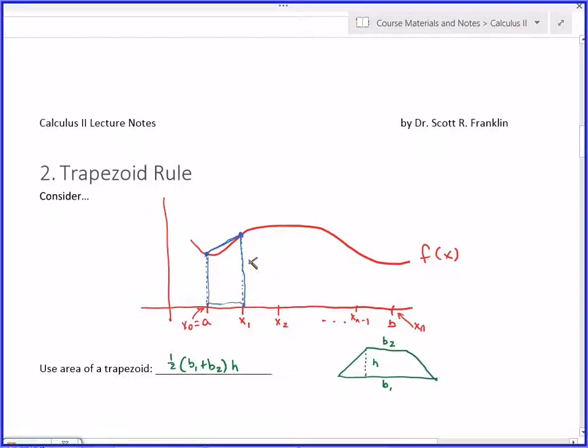So now in our case, this is like base 2, this is like base 1, and this right here is the h. But now h is going to be delta x. Base 1 is going to be f at x naught, and base 2 is going to be f at x1.